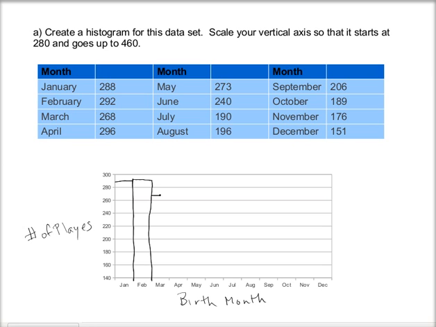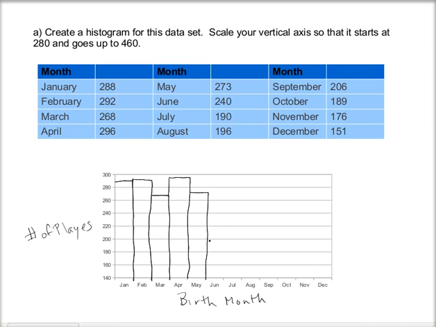So that's about here. April, I've got 296. That's the highest month, and that goes up to about here. For May, I've got 273. So just a little bit more than March, about there.